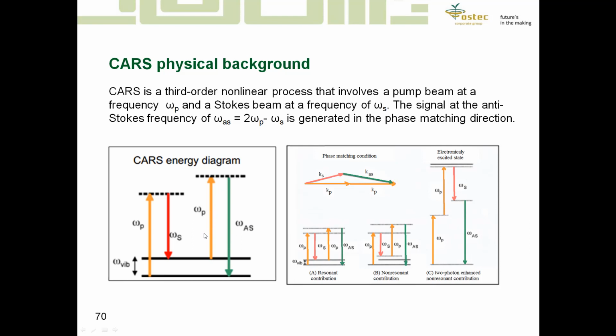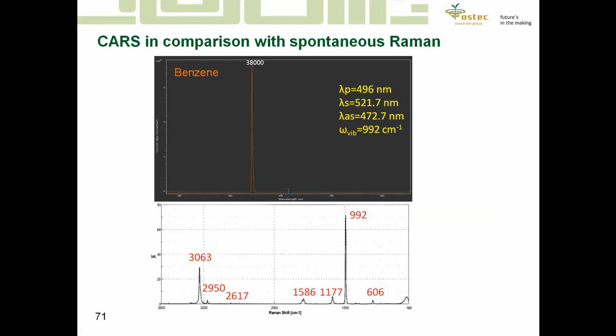So the two beams, pump and Stokes, should be properly aligned in terms of directions and in terms of time positioning, because normally they are pulsed lasers, and as a result the efficiency of the anti-Stokes band is improved significantly.